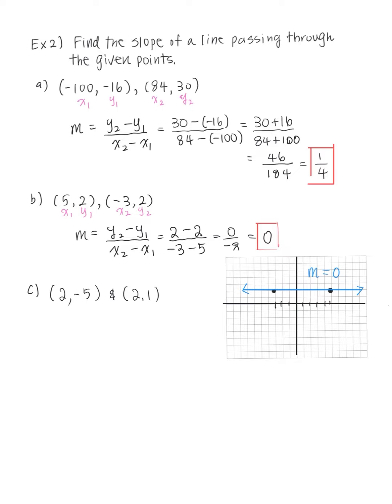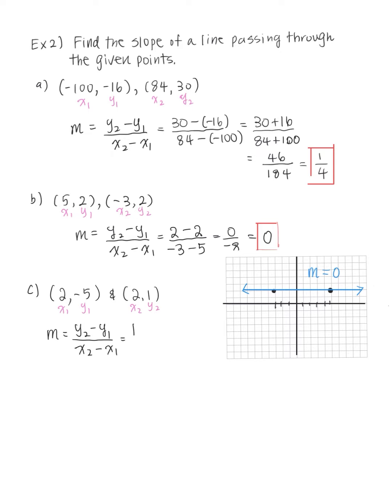Now let's take a look at this example here. We're given (2, negative 5) and (2, 1). Again, let me call this one x1, y1, and then x2, y2, and let's go. So m equals y2 minus y1, whole thing divided by x2 minus x1.